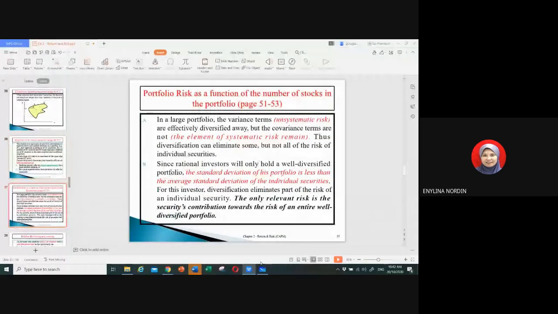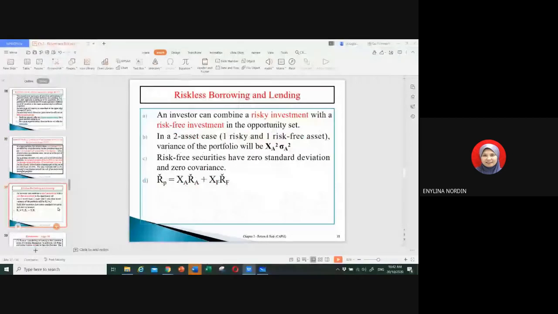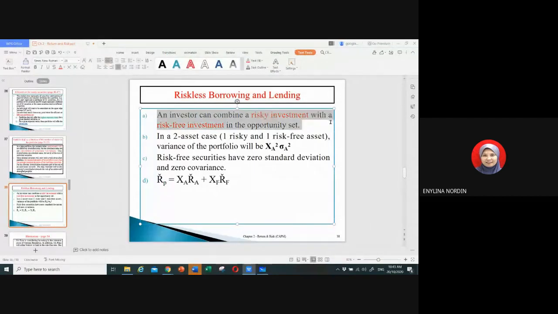Right. Okay, sometimes the investor wants to combine a risky investment with a risk-free asset.